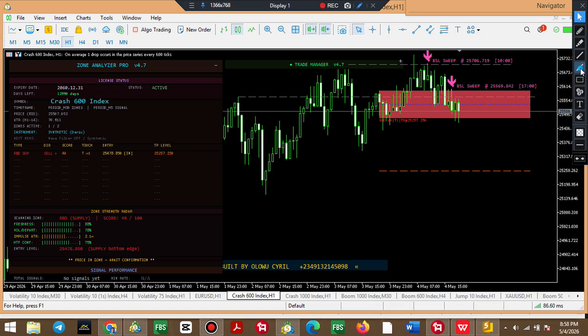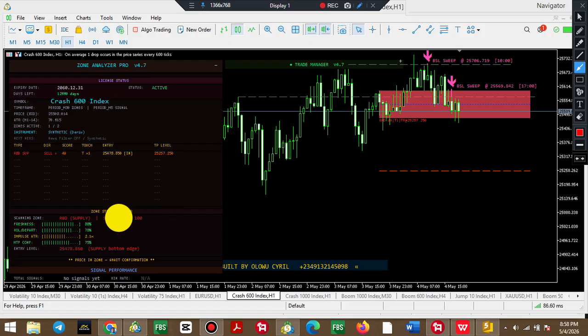And lo and behold, do you see that immediately I checked, do you see the validity of the zone? I told you that you see the zone giving you a very good accuracy, telling you that the zone is fresh, the volume departure is high, which is around 70, the impulse ATR is also high, about 2.1, and the minimum is 1.5 or 1.6, and then it's at a zone again.